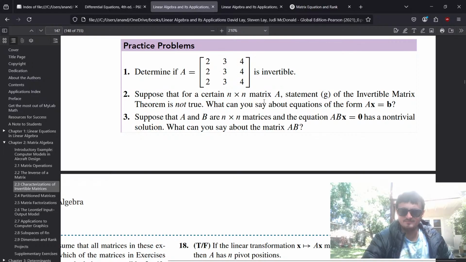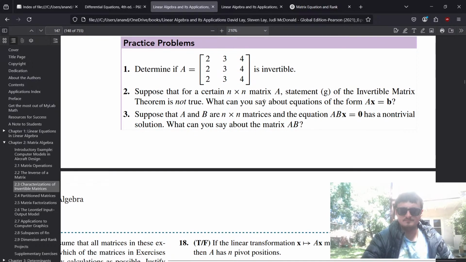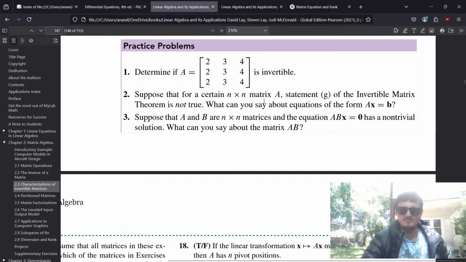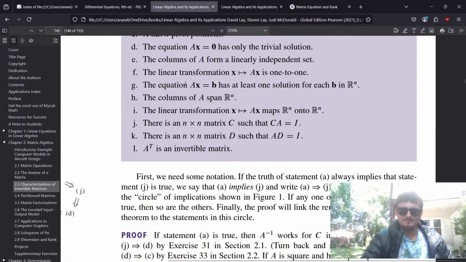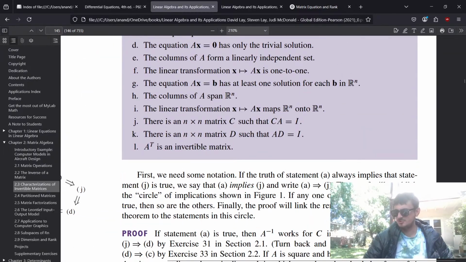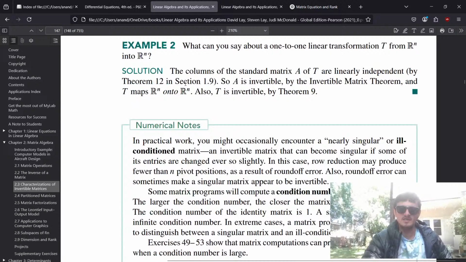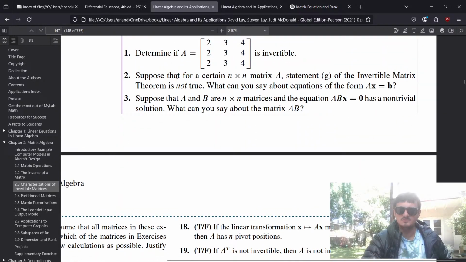Suppose that for a certain matrix, all right, statement G is what? Okay. So G is that AX equal to B is consistent for all B. And what can we say immediately? So let's say this is not true.